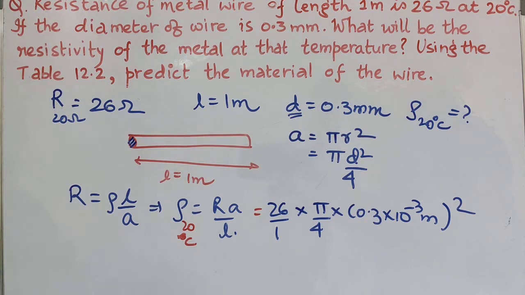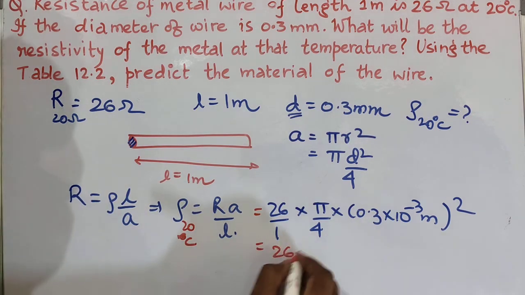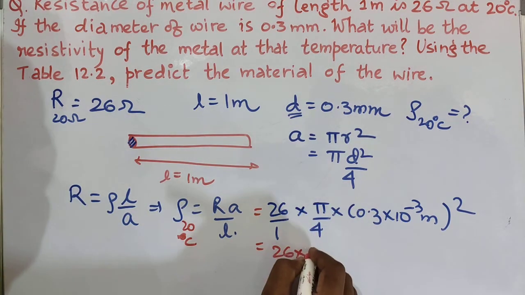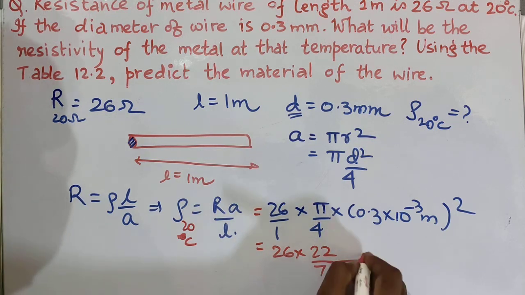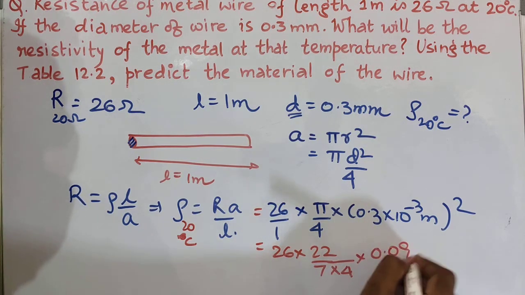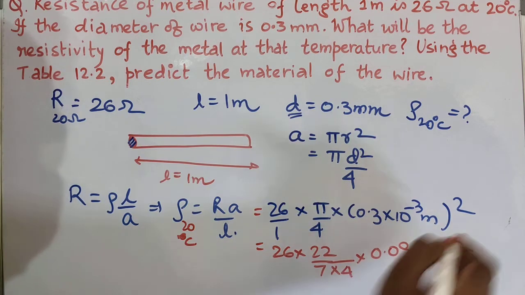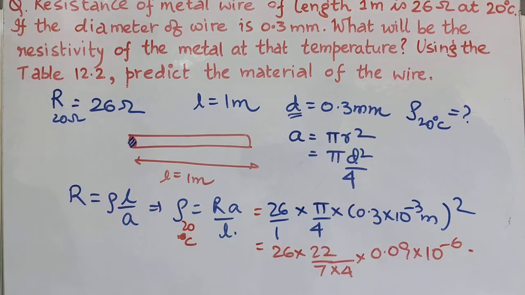What we have now is 26 into pi. I'm taking it as 22 by 7, you can take it as 3.14 also, into 0.09 into 10 power minus 6. You use a calculator.